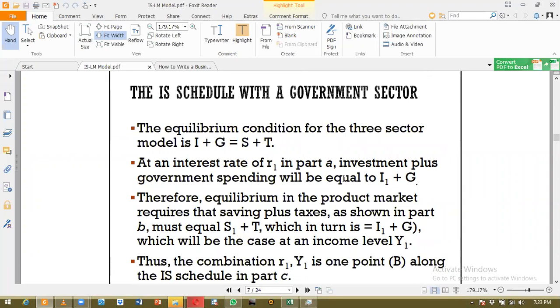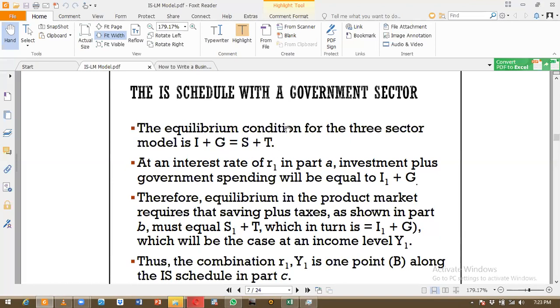Now what if we add government expenditure and then taxes? Our injection is now the sum of investment and government expenditure, and this is our leakages. The analysis is the same thing.